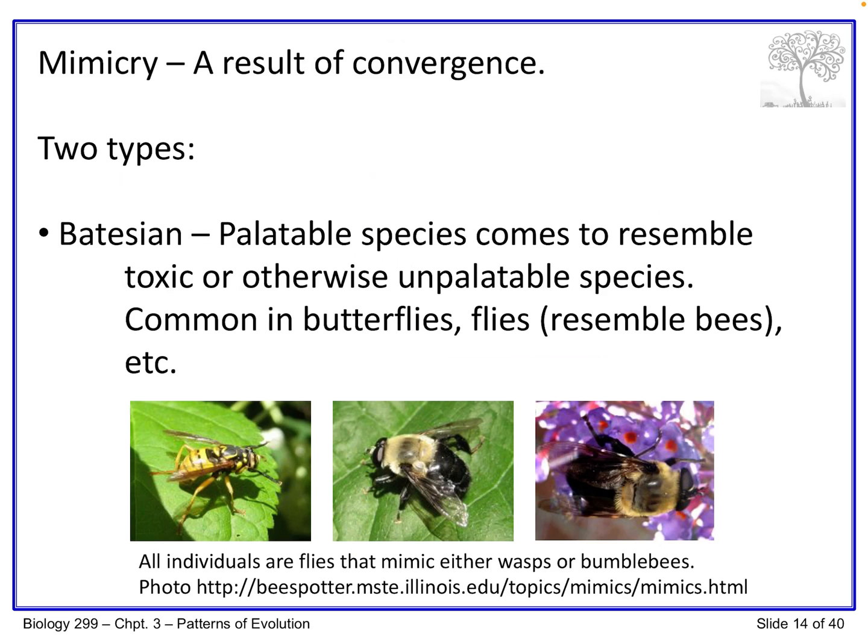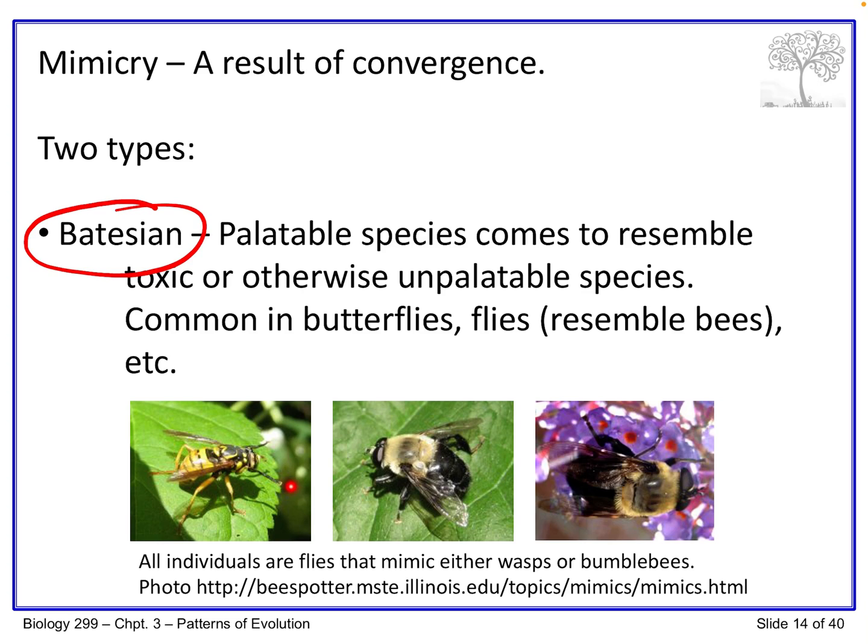There are 2 basic types of this. First we have what's called Batesian. This is where you have a palatable or a non-toxic or non-noxious species that comes to look like a toxic or unpalatable species. This is actually very common in a lot of insects, especially butterflies and flies.